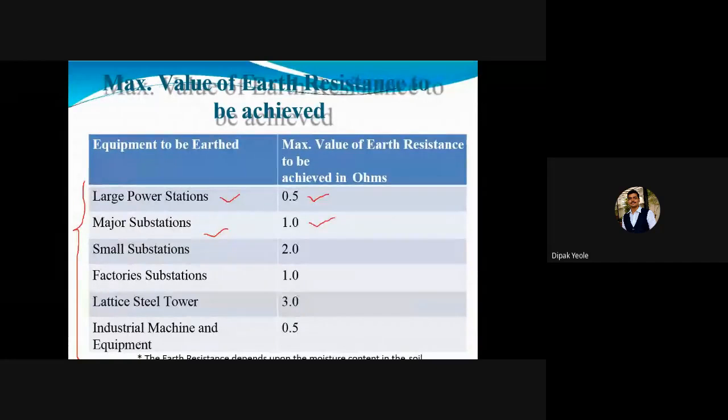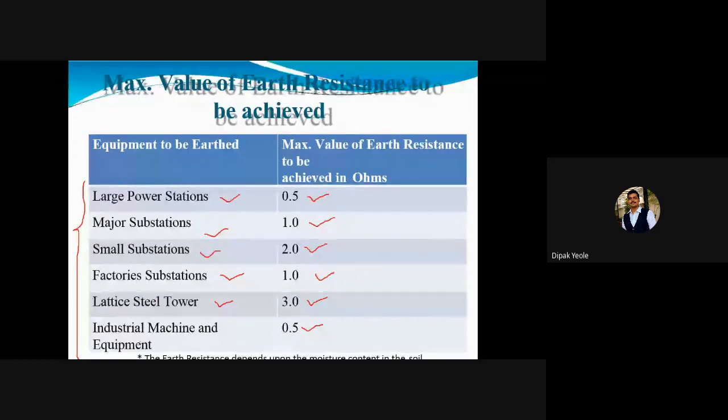For small stations, you have to maintain 2 ohm. For factories, you have to maintain 1 ohm. For lattice steel tower, जे आपले ट्रान्समिशन टावर आहेत ना, त्यासाठी we have to maintain the 3 ohm. And industrial machine and equipment, obviously it should be maintained at 0.5 ohm.